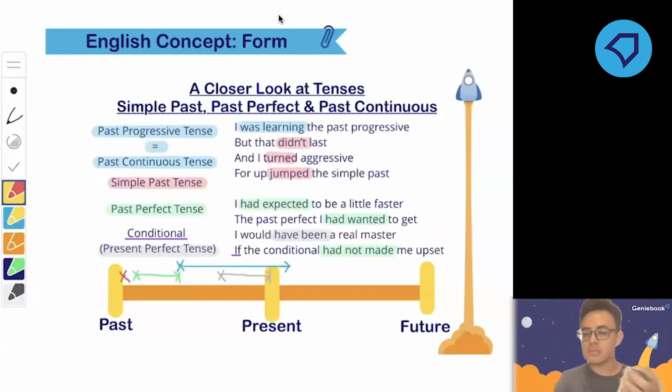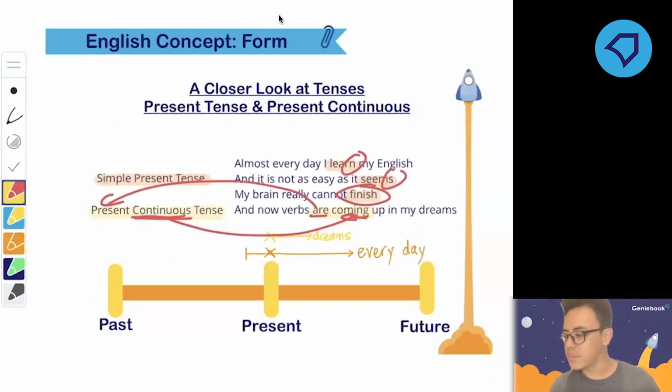Okay, next part of the poem. I was learning the past progressive, such a headache, but it didn't last. And I turned aggressive, for up jumped the simple past. Okay, I was learning. So progressive here, learning, but this time it's different. Past progressive. So previously you see the present continuous, right?